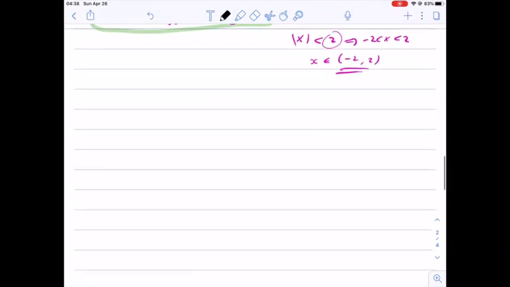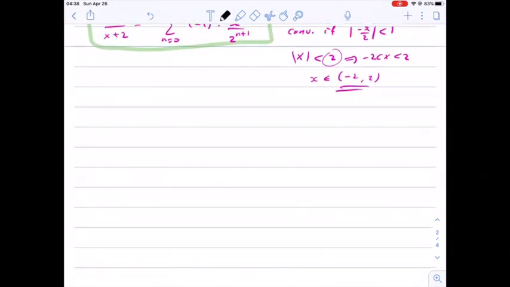But sometimes this is impossible or hard to do. So what should we do in this case? In this case, we use what's called differentiation and integration of power series.